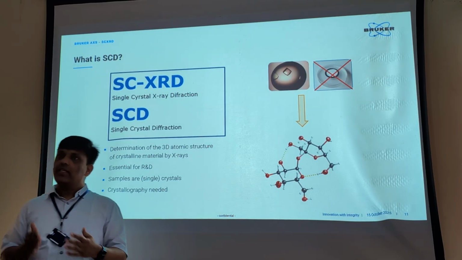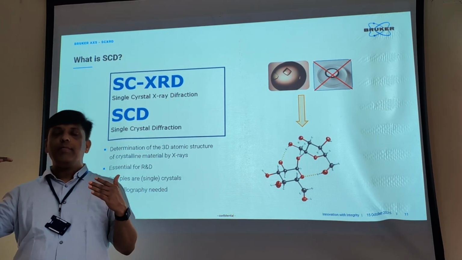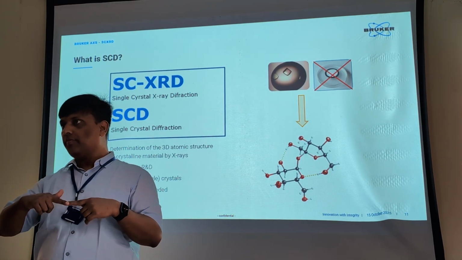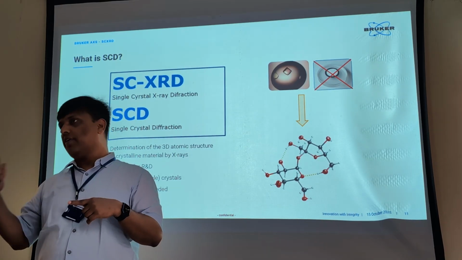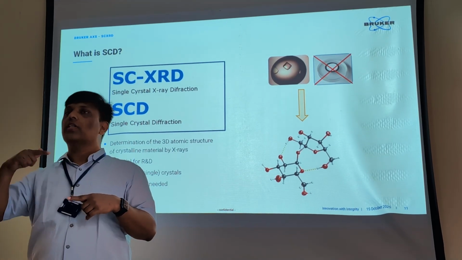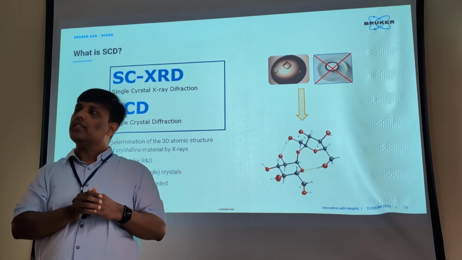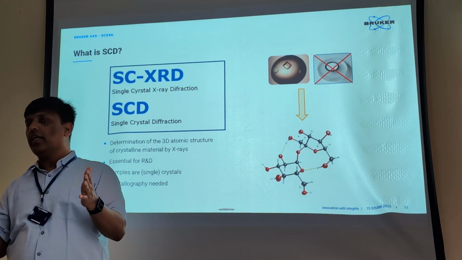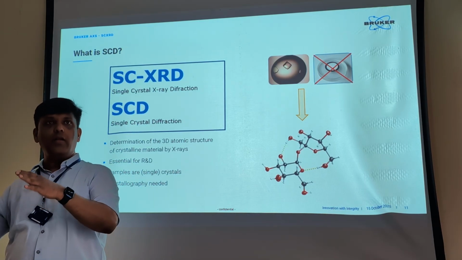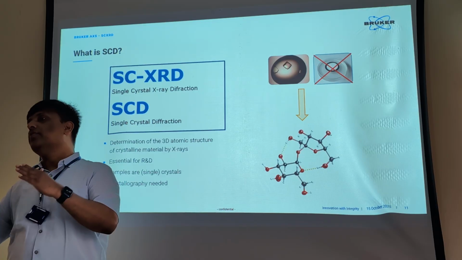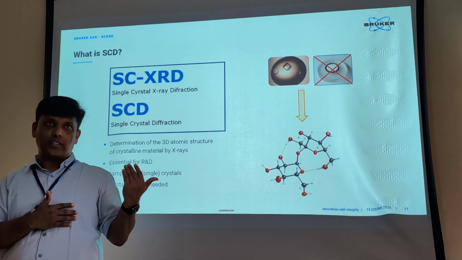In a single crystal instrument, the X-ray beam is focused on the sample, whereas in a regular XRD, the X-ray is focused on the detector. That means the resolution you get on an XRD for a powder or polycrystalline sample is way better than in single crystal XRD.